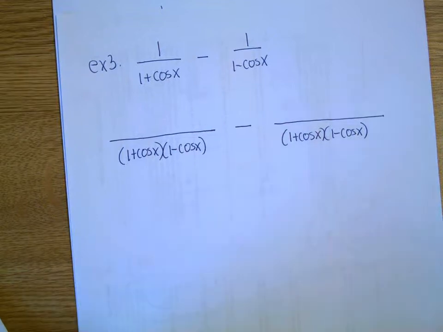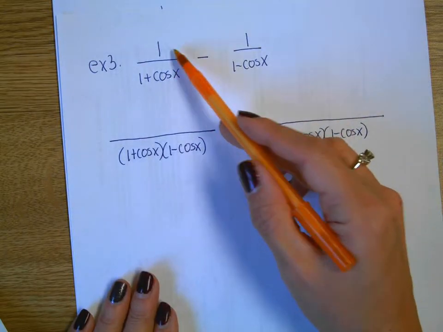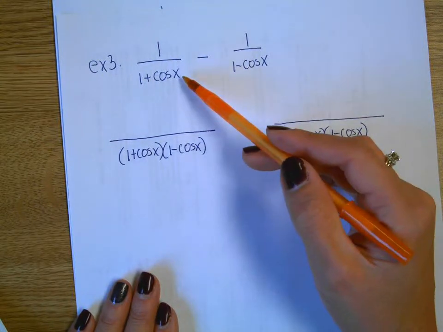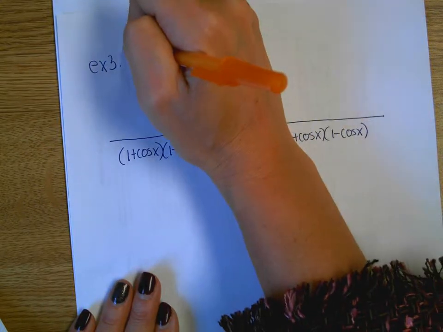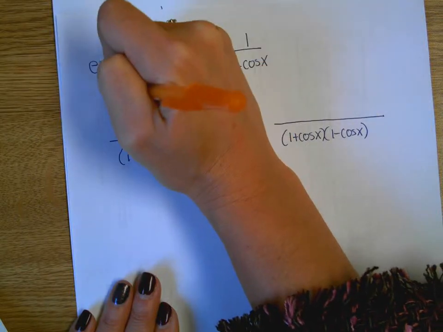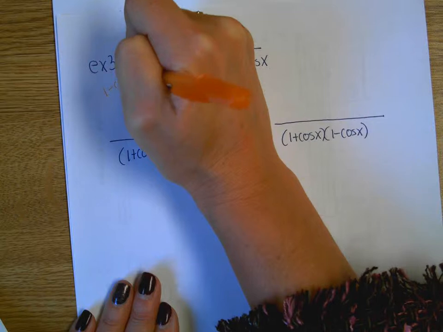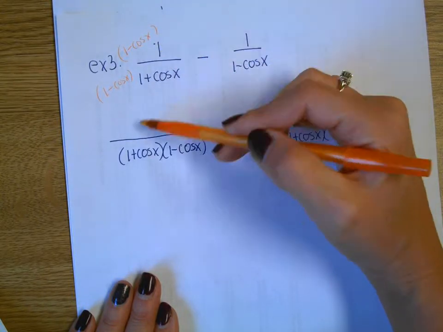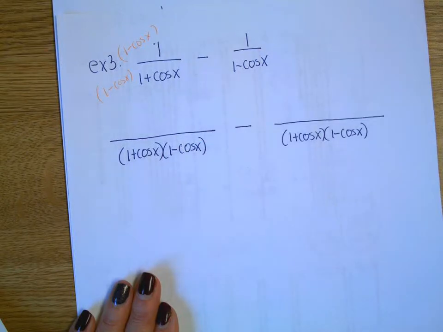What did this first fraction get hit with? The 1 minus cosine. So that means you have to multiply the top by the same thing. But it's only going to get multiplied by a 1, so my new numerator is going to be 1 minus cosine x.